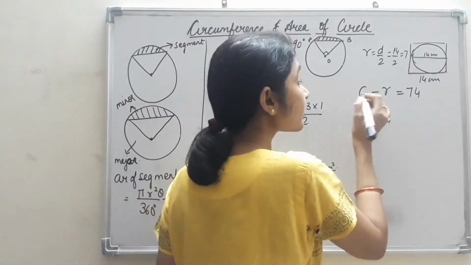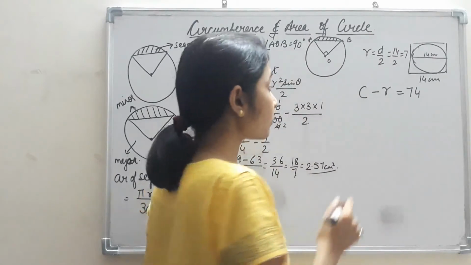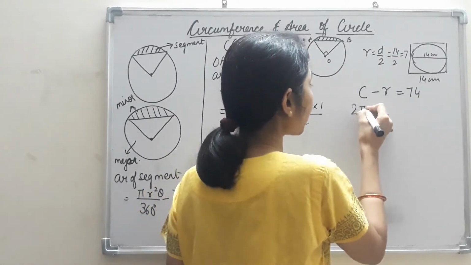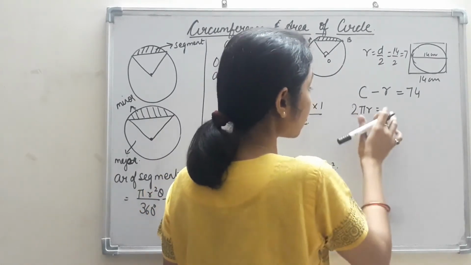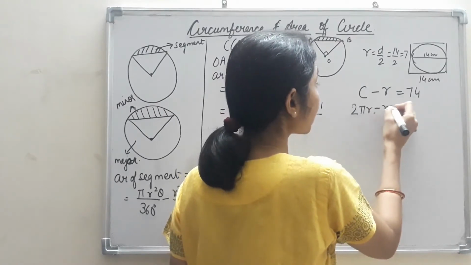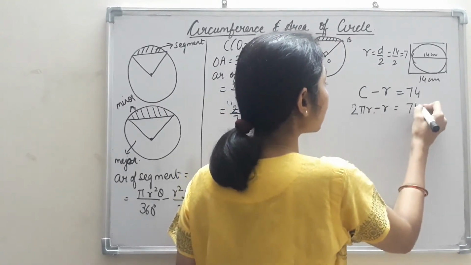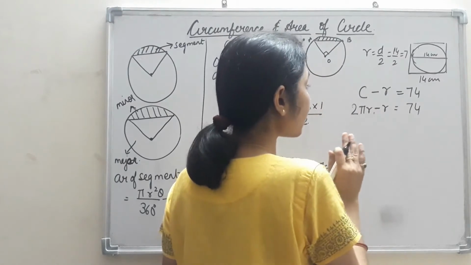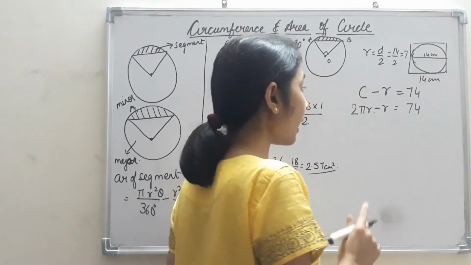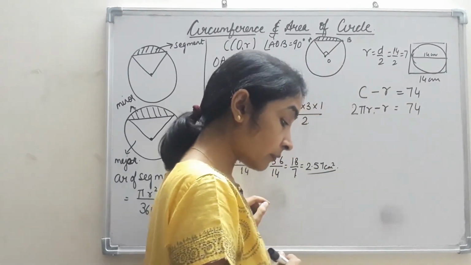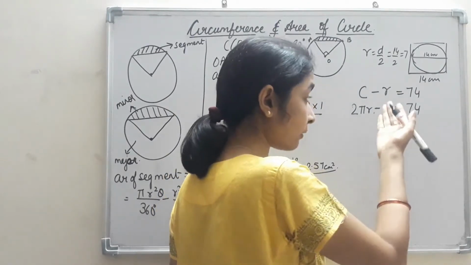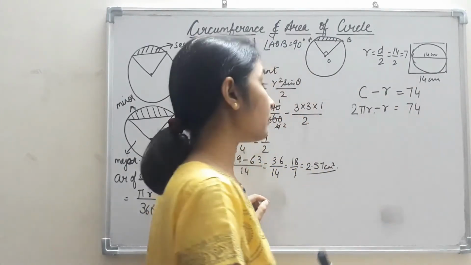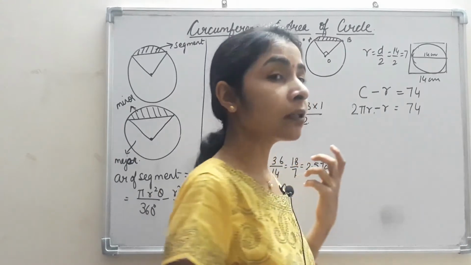Now we know that circumference is equal to 2 pi r. So we will just substitute the value: 2 pi r minus r is equal to 74. Now we can take this r common here because we need to find r. When we calculate this radius r, then only we will be able to find out the area.